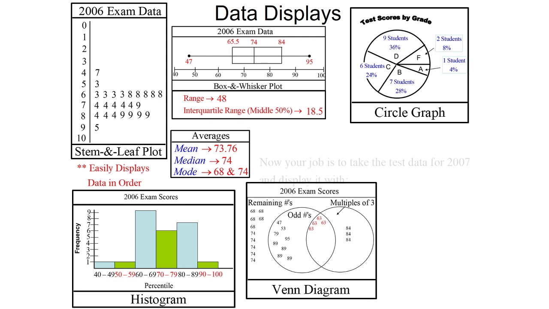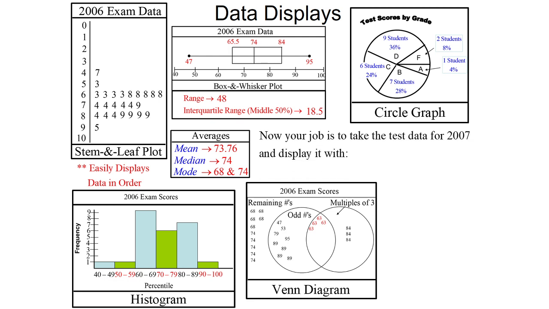I believe that's all we have. So your job will be the next time we meet, we're going to take another set of test data. In fact, we're going to use the year 2007 and display it with one stem and leaf plot, and with the stem and leaf plot we're going to find the mean, the median, and the mode, and make sure they're labeled just like I did right here.